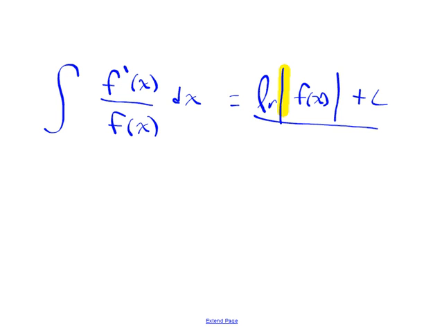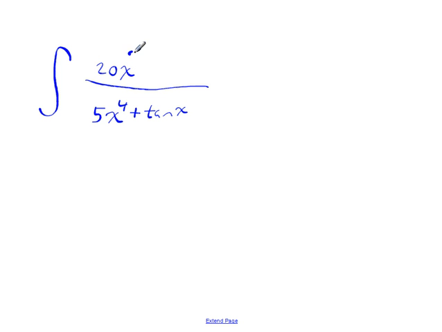So let's look at two examples of that. Let's say we have the integral of 5x to the fourth plus tan x over 20x cubed plus secant squared x.